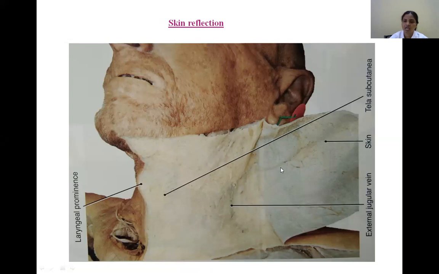So cutaneous nerves we can see in the superficial fascia. To appear in the superficial fascia, they must pierce the structures immediately beneath. In addition to these superficial vessels and nerves, what is the other important structure present in the superficial fascia of the neck?